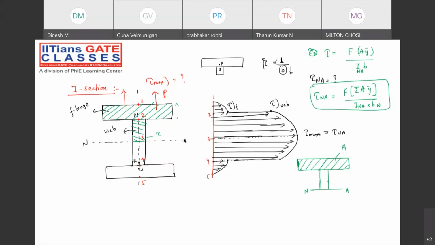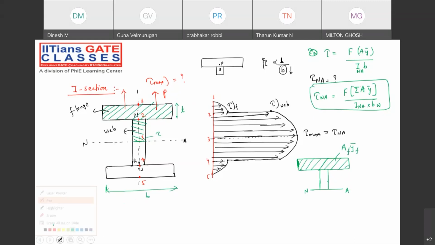Suppose the thickness and width are given to you. Through that, you can find the area. Once you calculate the area, how to calculate the Y bar of the flange section?